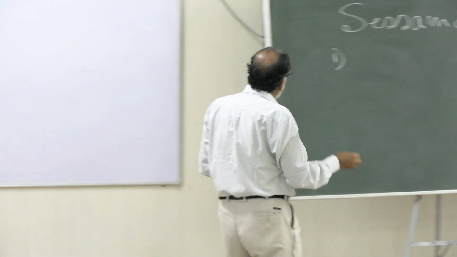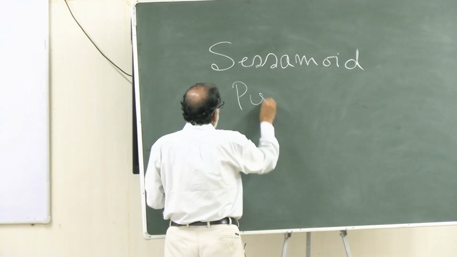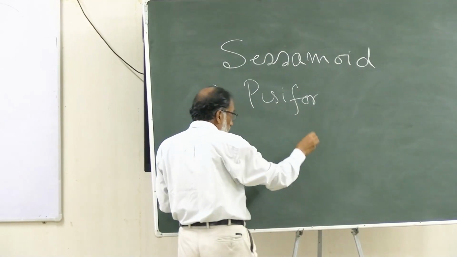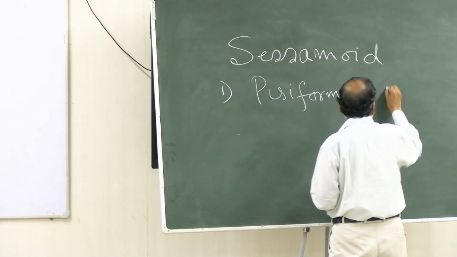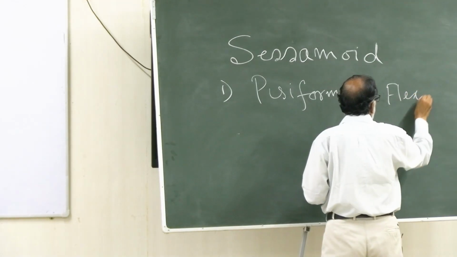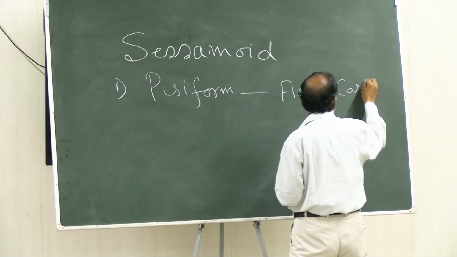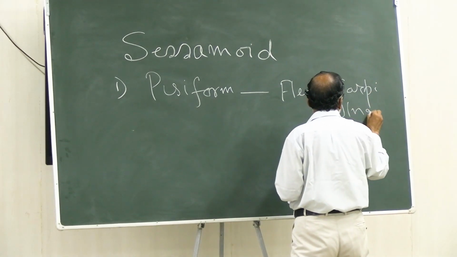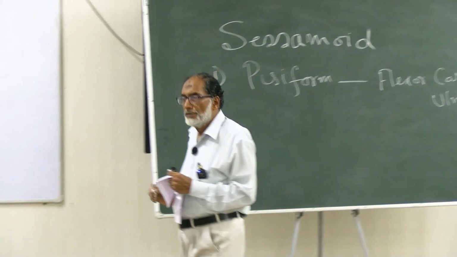Sesamoid develops within the tendon. Pisiform, within flexor carpi ulnaris. Right.